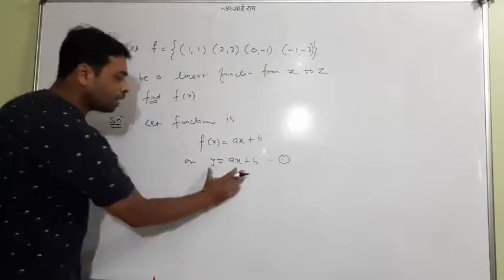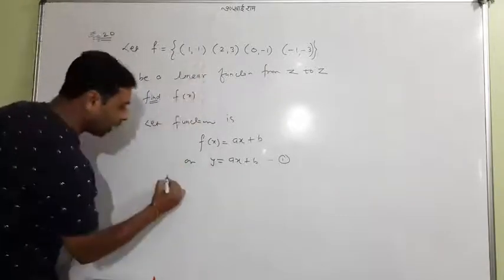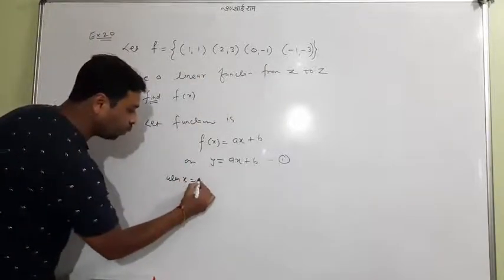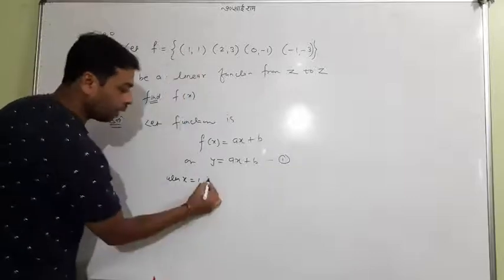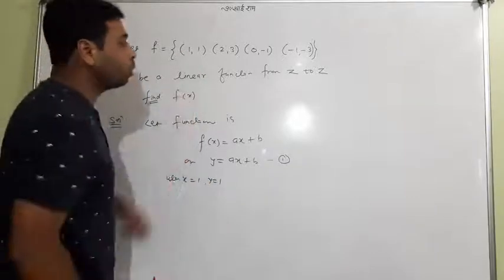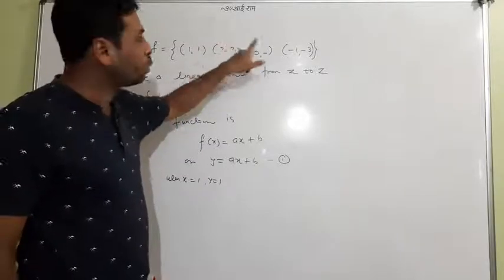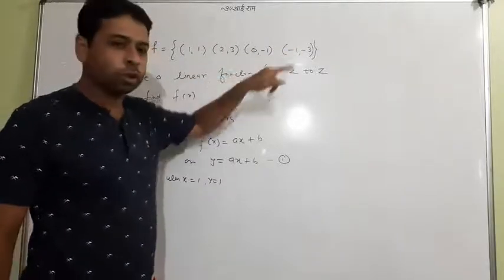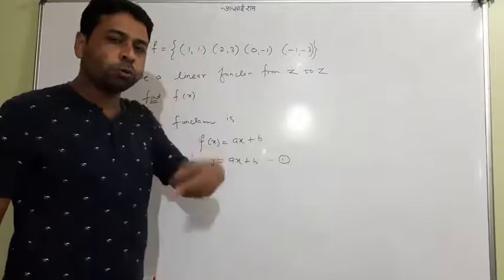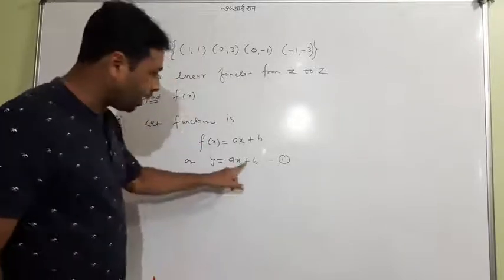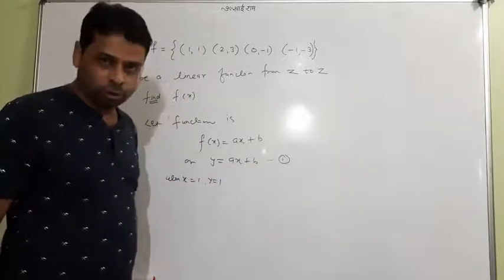Meaning, when x is equal to 1, y is equal to 1. You can choose any of these options. You know that you need two options, because the two constants a and b are still unknown.